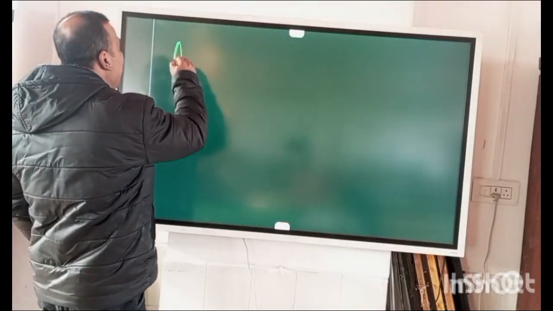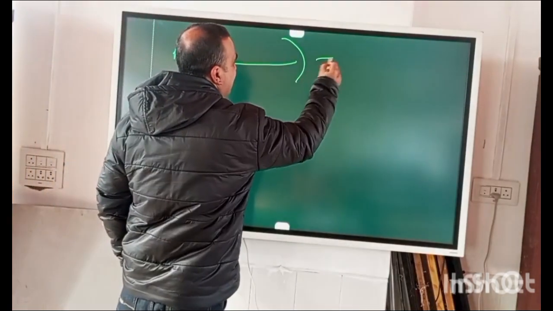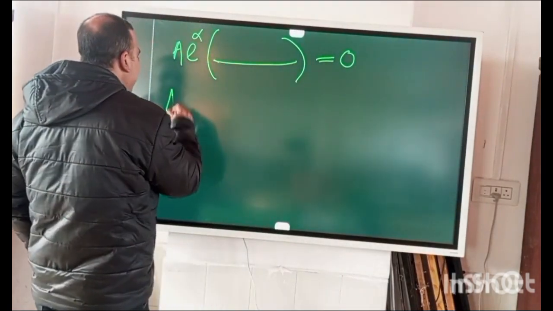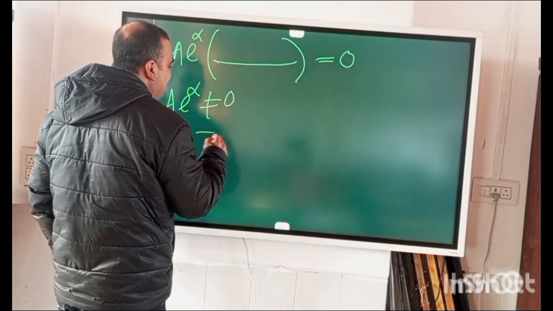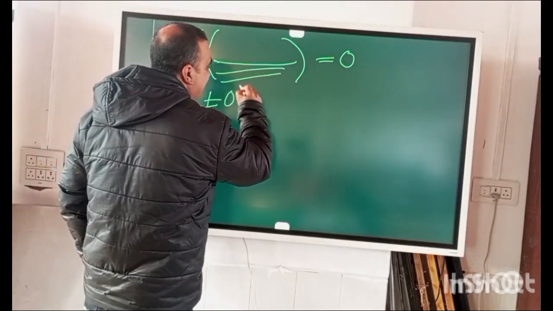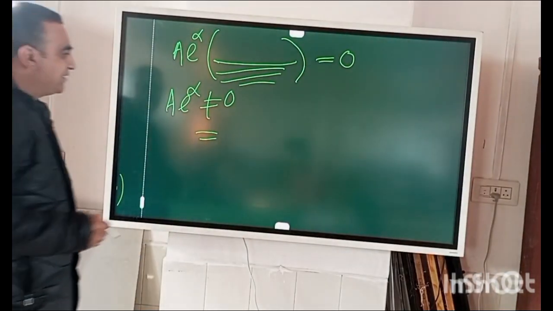So you will see that in this equation, the exponential term will be out, a will be out. It will be like a exponential times something equals 0, but this a exponential is not equal to 0. That means the thing that you have in the brackets will be equal to 0. So how does that look?